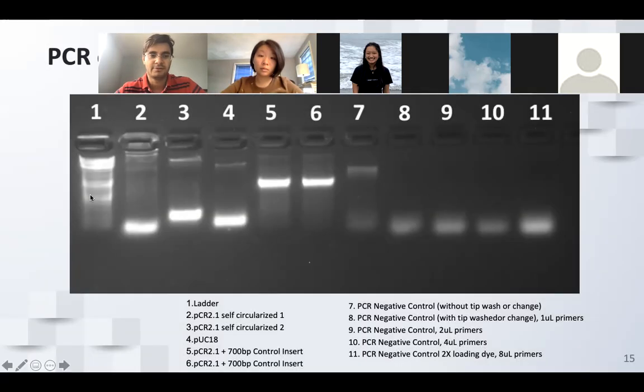I was trying to show the length of the marker in my picture. As far as I remember, this one is about 500 base pairs, and this lane here is around 200 base pairs, which means this amplicon is between 200 and 500 base pairs.